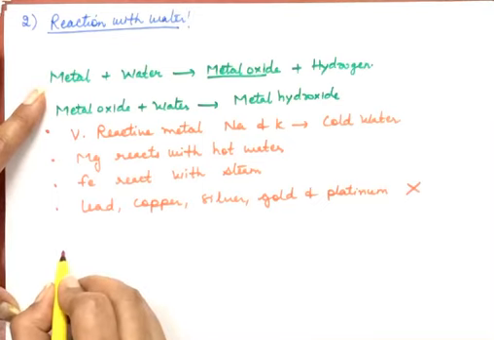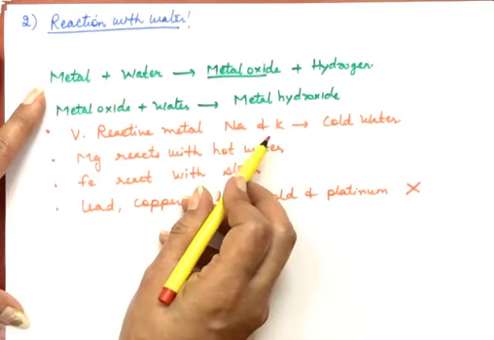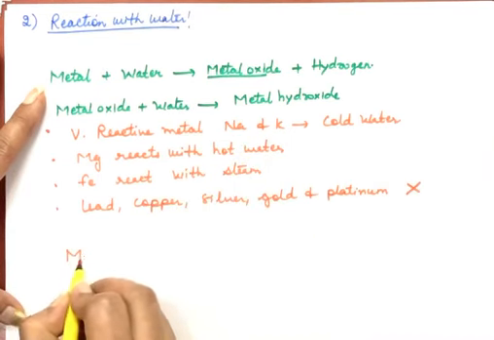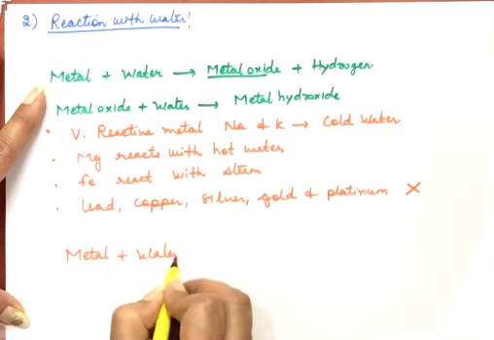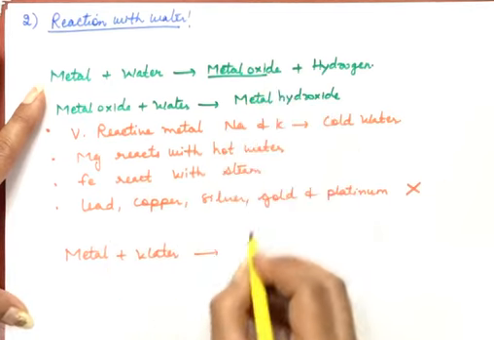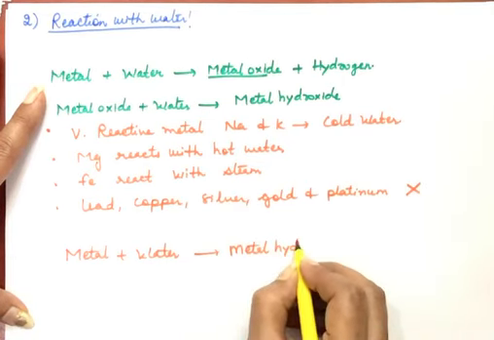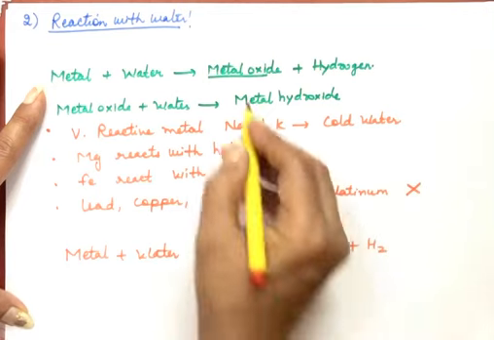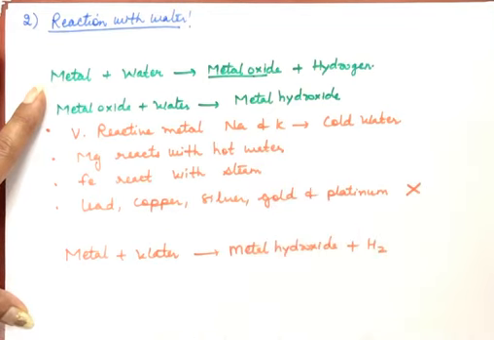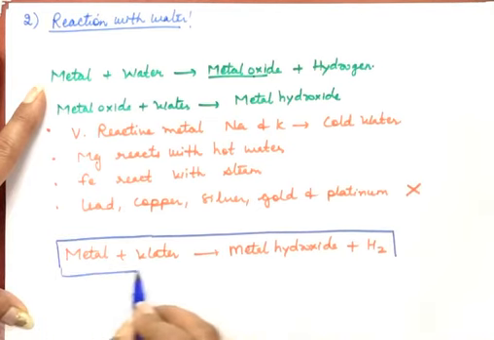Now, if I take metals like sodium and potassium, these metals react with, just see the difference here, metal plus water. I have written here metal oxide, but now what I'm writing here is metal hydroxide plus hydrogen. Here is metal oxide, here is metal hydroxide. So how are the two reactions different?